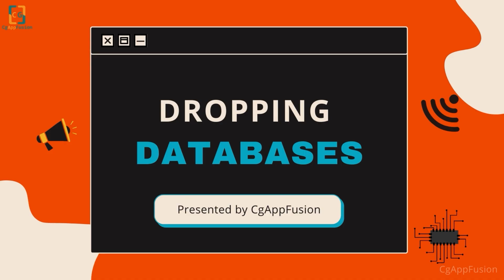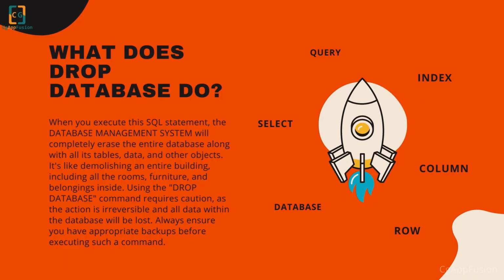Welcome back. In this lecture, we're going to learn about dropping tables. So let's ask the question, what does drop do? When you execute the SQL statement, the database management system will completely erase the entire database along with all its tables, data, and other objects.